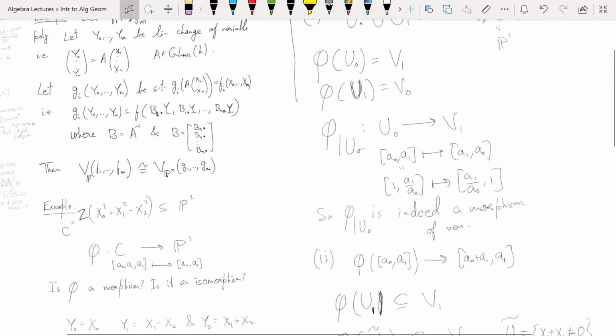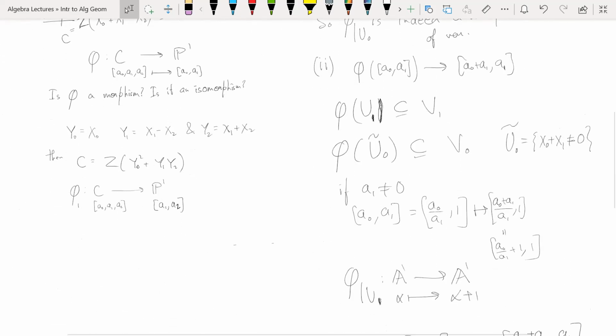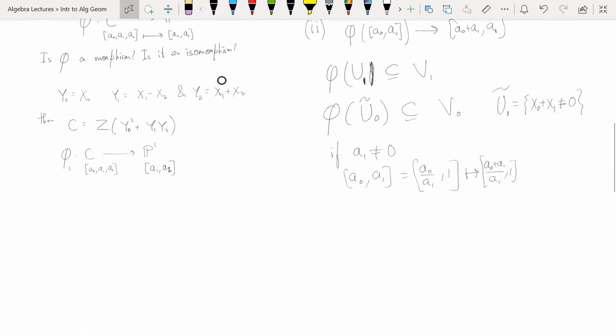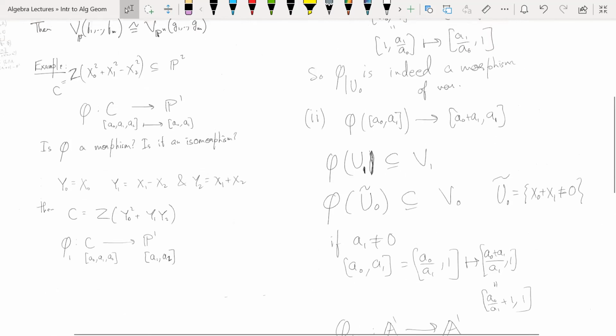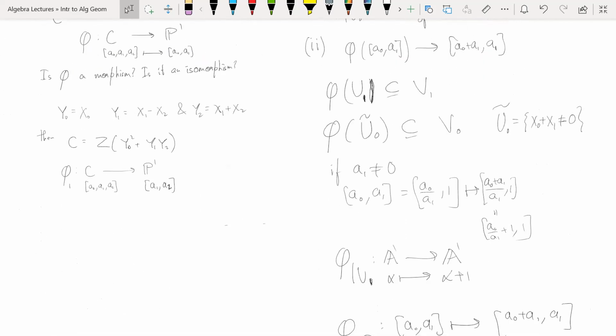Given any point, you can find an open subset. And the point is, more or less for all points we have done it. Alpha goes to alpha plus 1 is the map. Only one point is missing, the point at infinity.